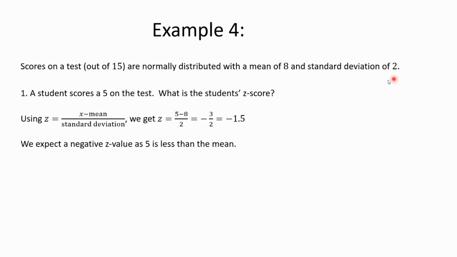The standard deviation is 2. So we have 5 minus 8 over 2. What's that equal to? That's -3 over 2, which is -1.5. So the z-score is -1.5.